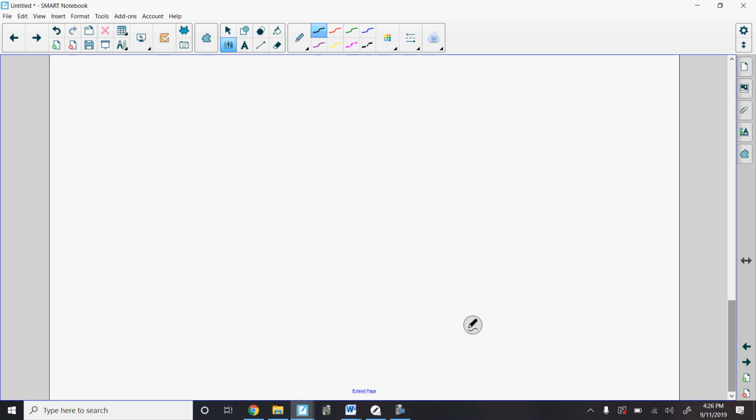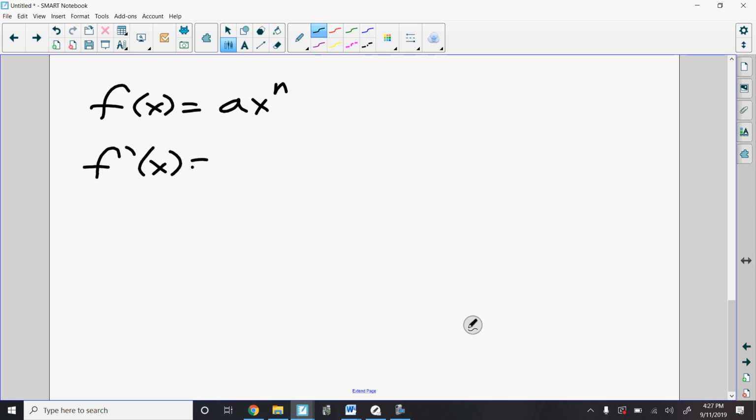Let's write the power rule like this. If my function is a polynomial that follows ax to the n power, what would f prime of x be in terms of a, x, and n? Well, I'm going to take that n and multiply it out front.